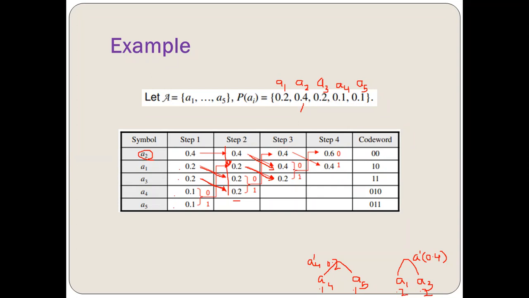Now again, I'm going to find the least two probabilities, 0.4 and 0.2. These two are getting added. Which ones are they? This is 0.4 as A2, and 0.2 as A4 dash.